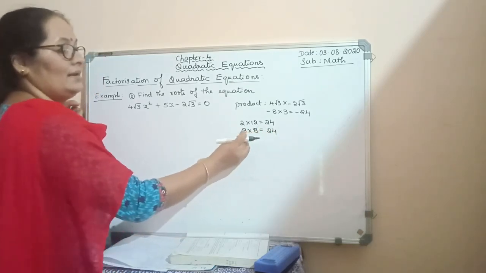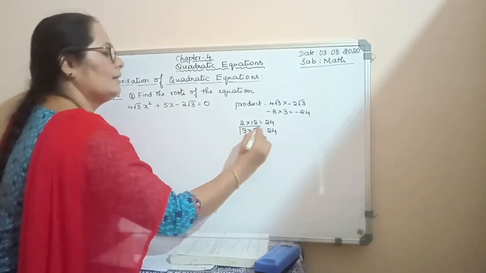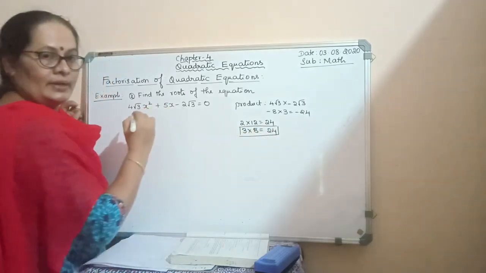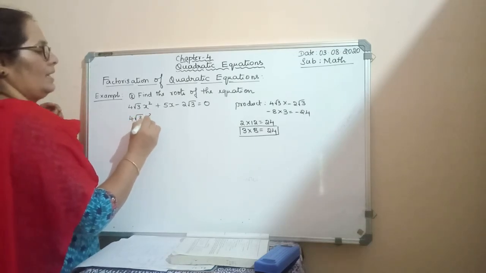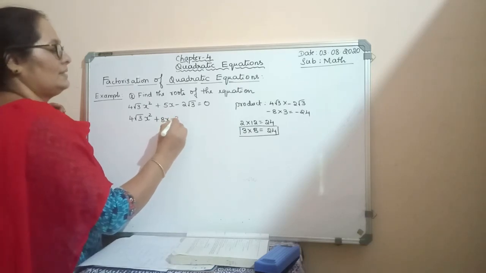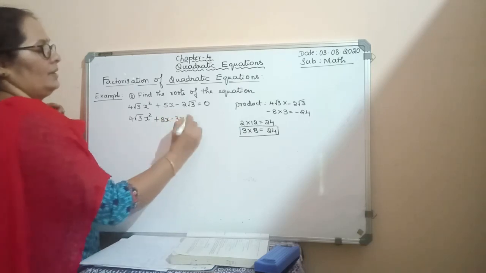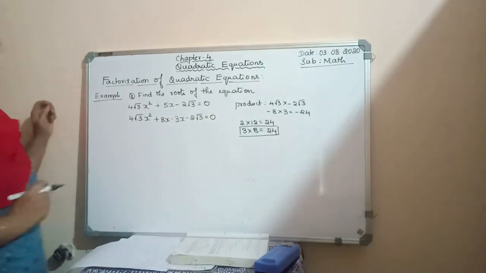But the difference of 3 and 8 is 5. It means that we can take this combination, right? So 4 root 3x square plus 8x minus 3x minus 2 root 3 equals 0.